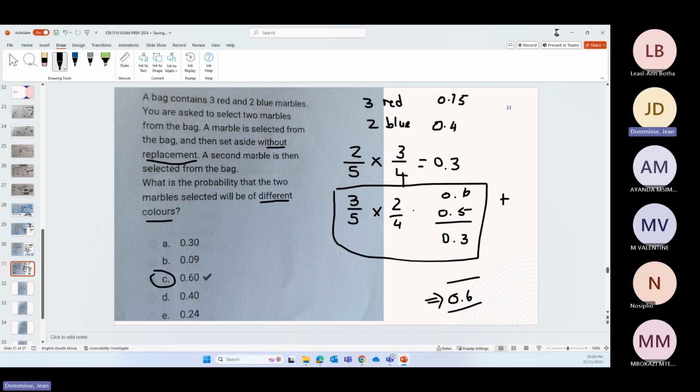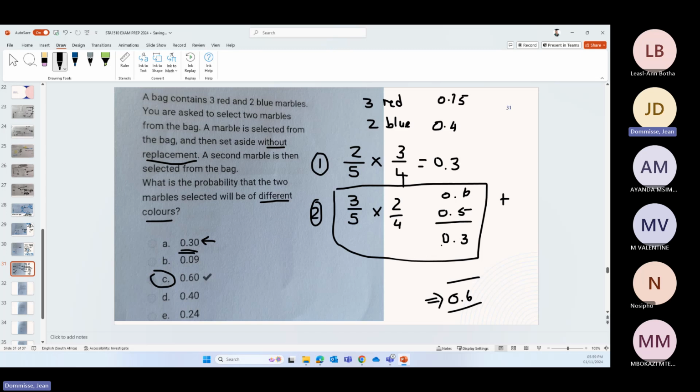So that's why I got stuck here, because that is where I would have ended, because both of them gave me 0.3. I would have gone for that and not said that is one and that's the second and add the two.